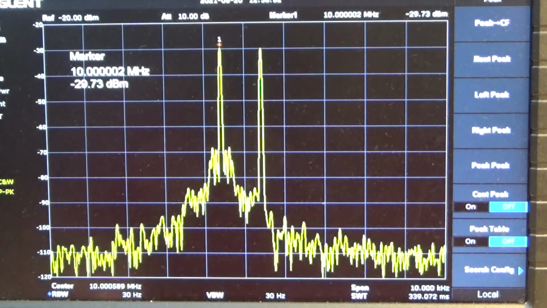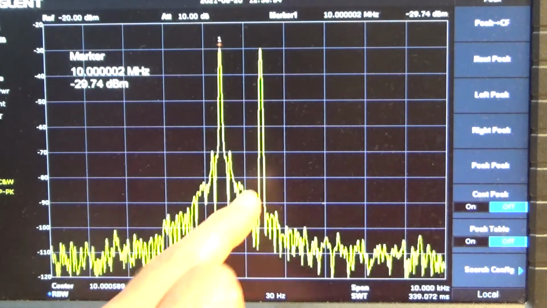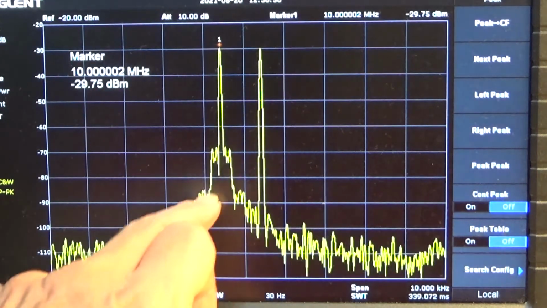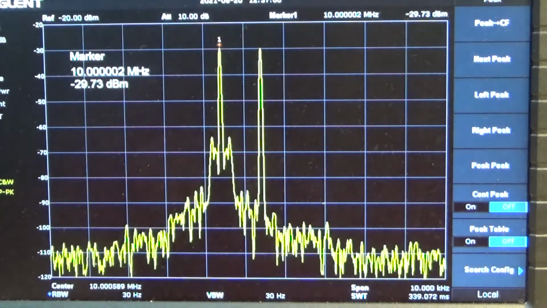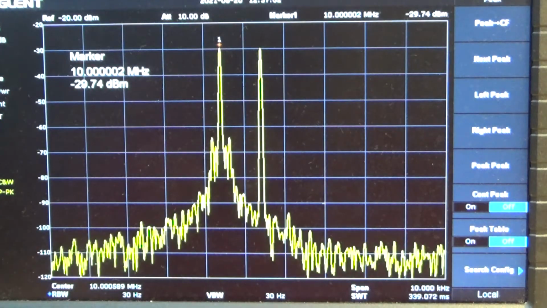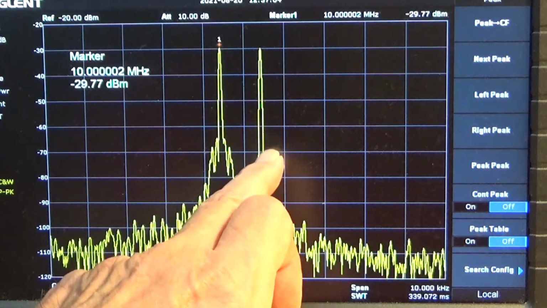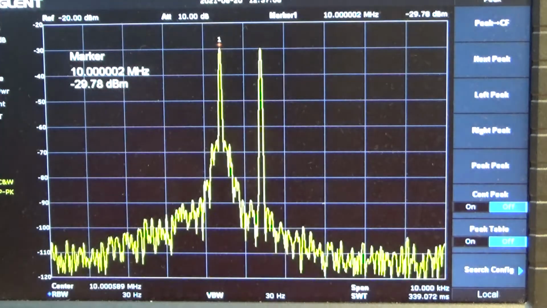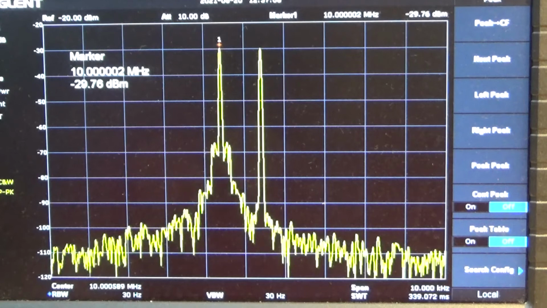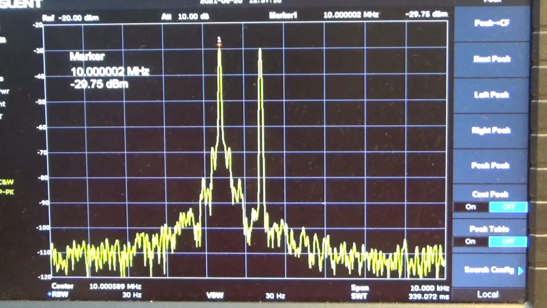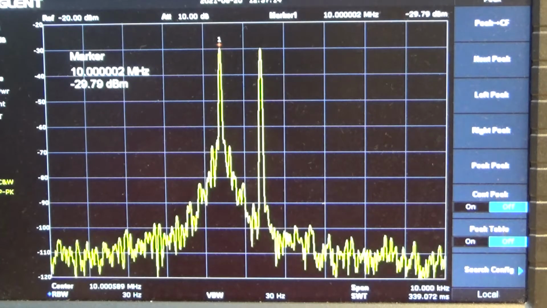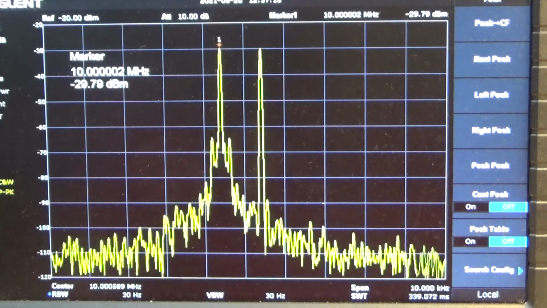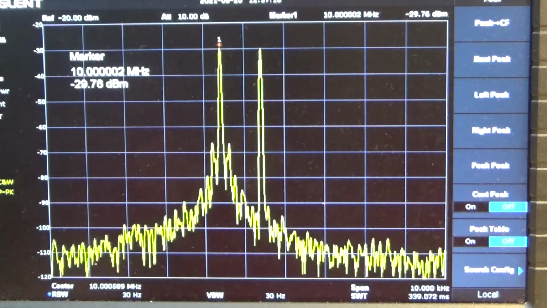The spectrum looks fairly clean, apart from all this crap. But this is the older signal generator, which has got a lot worse phase noise than the more modern generator, because it's basically a 30-year difference in technology in the synthesizer. But you get the idea. We've got two signals now.